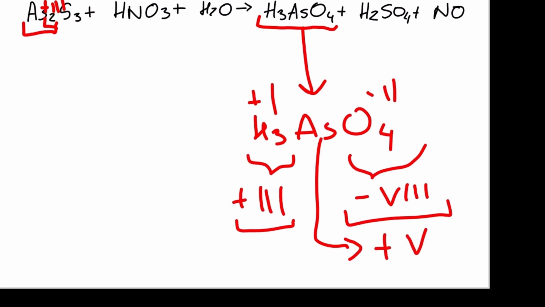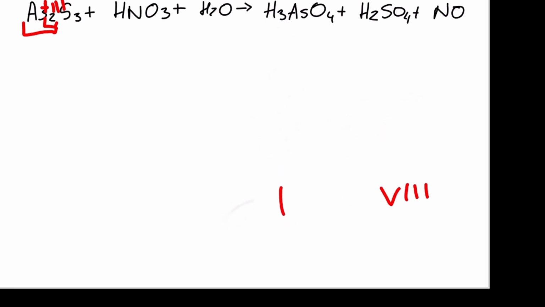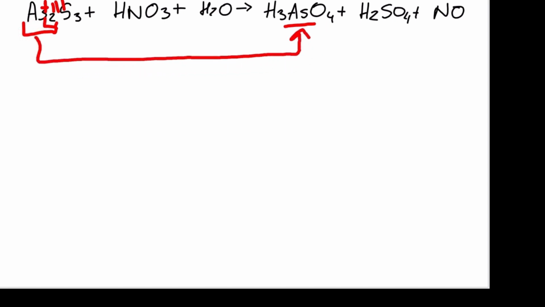Okay, plus 5. So we can see that the arsenic atom changes its oxidation state. So arsenic is oxidized from plus 3 to plus 5. So we found an oxidation reaction.